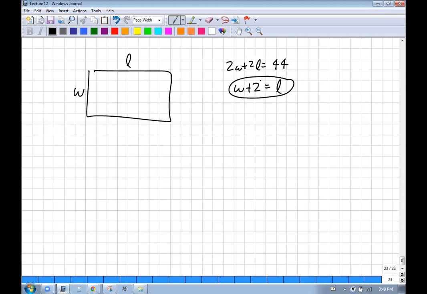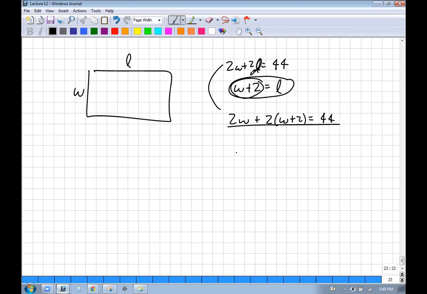Well, L is W plus 2, so I replace the L with W plus 2, so I have 2 times L, and L is W plus 2. Now there's only W's, and we can solve.